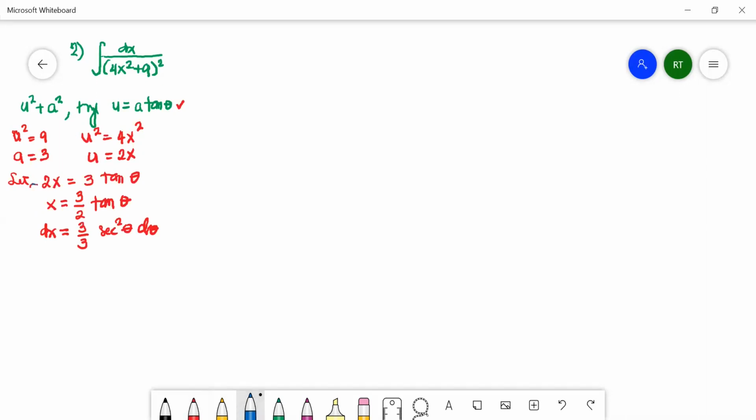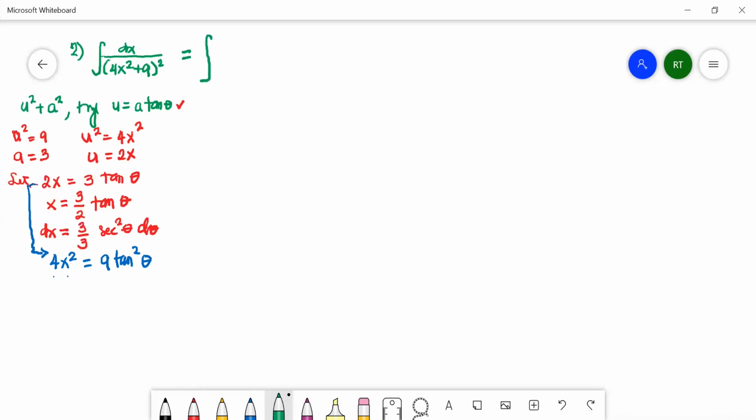Squaring both sides will give us 4x squared is equal to 9 tangent square of theta. This will be the expression that we will substitute for 4x squared in the integrand. So let us do the substitution now.